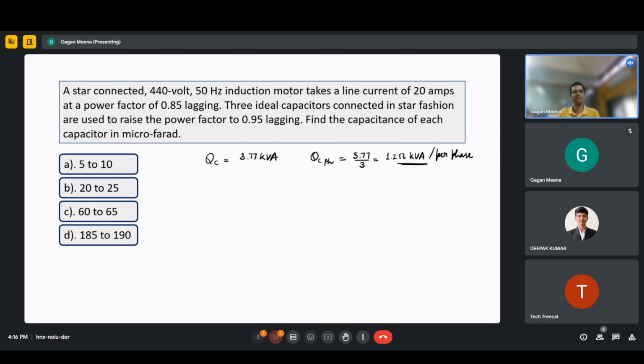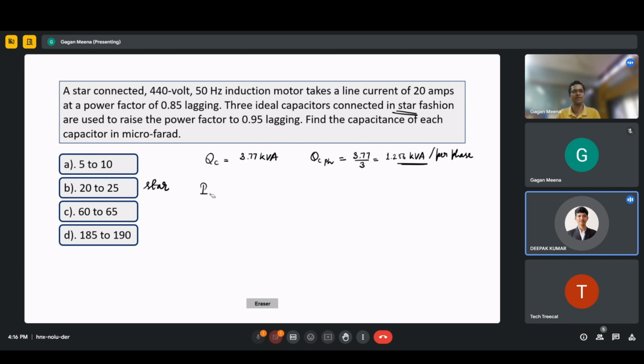So it is given that the capacitor is connected in star fashion. So we need to find out the capacitor current IC. How?